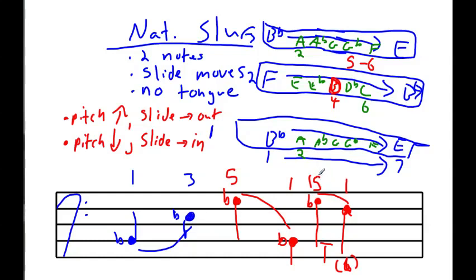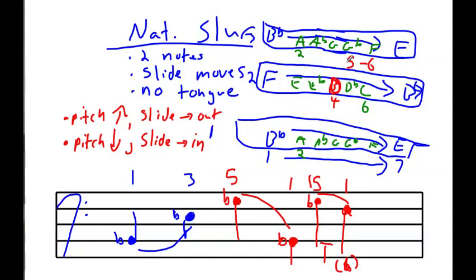But using the primary positions would be 5 to 1, and that's crossing over from this G flat to F in first position. So that's crossing over the floor there to make it a natural slur.